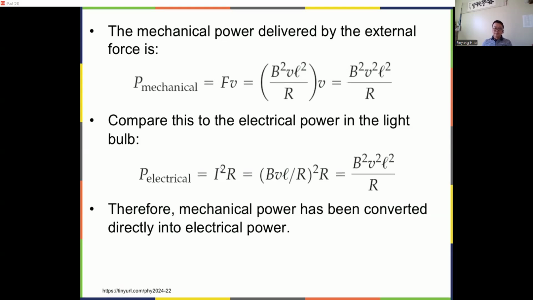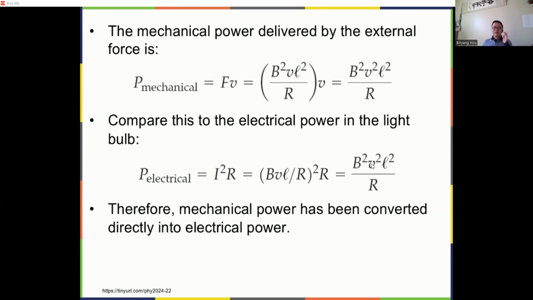So if we just do I squared times R, I is epsilon over R, and then you square that. So all these terms will be squared, and R will be squared in the denominator as well, but times R, so this R will cancel one R in the denominator. So at the end, you'll get one R in the denominator, but B should be squared, V should be squared, and L squared on the top.